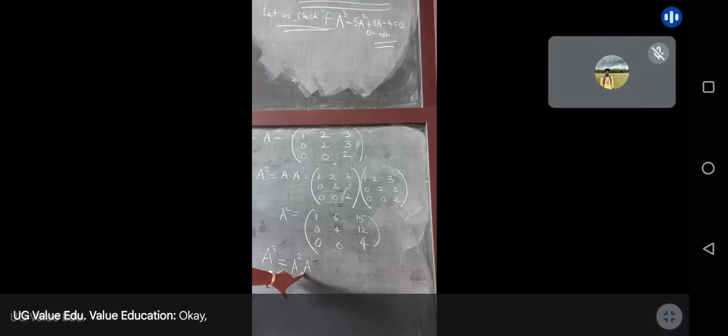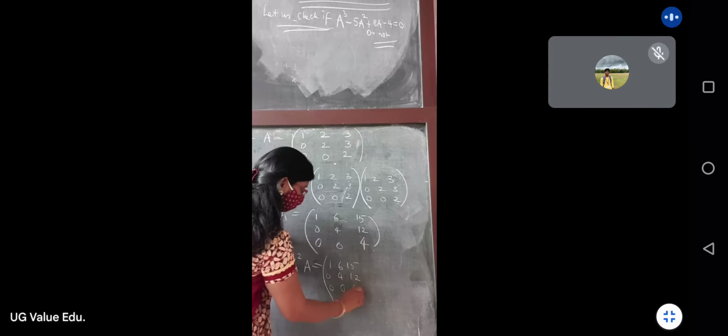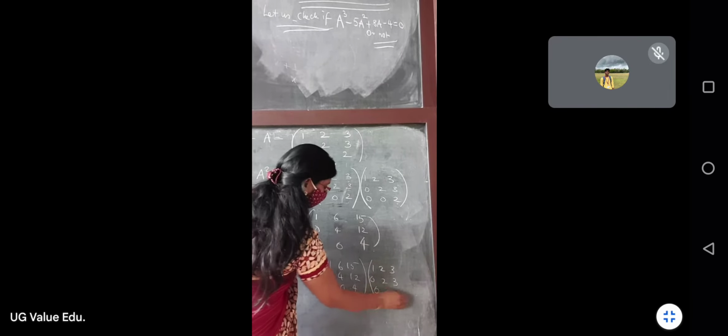What is A cube? A squared into A. Then you write A, then find out the product of this. Will you be able to do it?